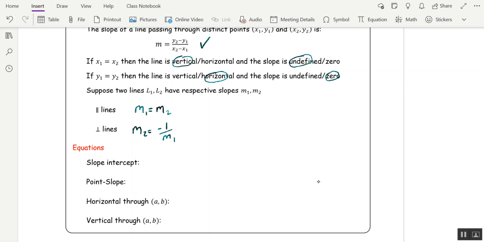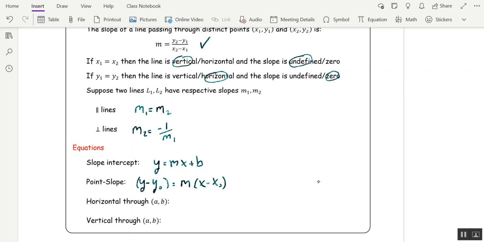And then here are the equations that you absolutely have to know. The slope-intercept form of the equation of a line is y equals mx plus b. m is the slope, b is the y-intercept. Point-slope: y minus y naught is m times x minus x naught.